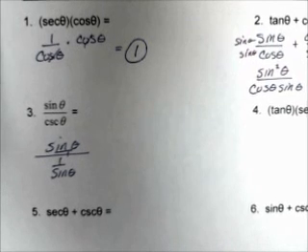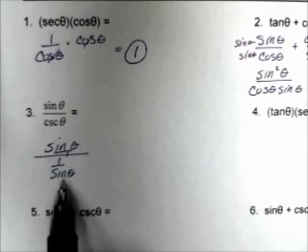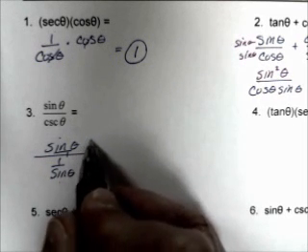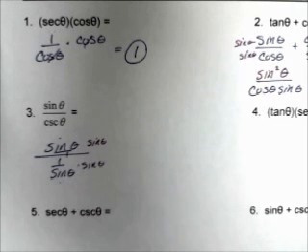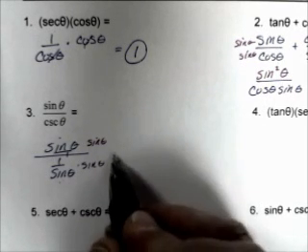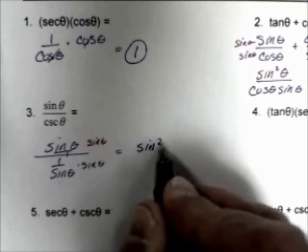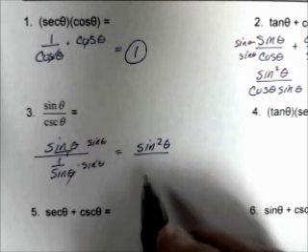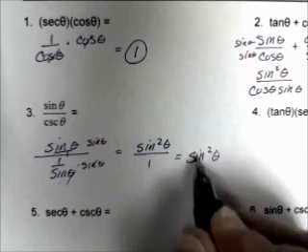If that denominator is 1, we want to multiply by the least common denominator of these two denominators, which is sine theta. So multiply by sine theta over sine theta. Nothing divides out here. We have sine squared theta, and sine thetas divide out over 1. So this is equivalent to sine squared theta.